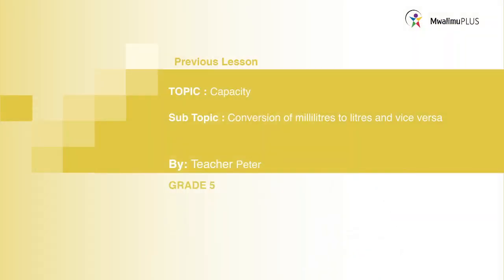Welcome to grade 5 mathematics. Now previously we were talking about capacity, and I remember we talked about the conversion of milliliters to liters and vice versa. What I mean by vice versa is from milliliters to liters and also from liters to milliliters.